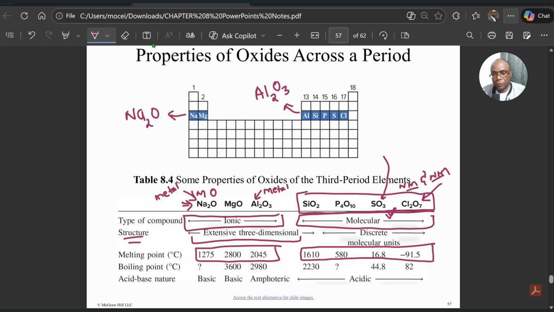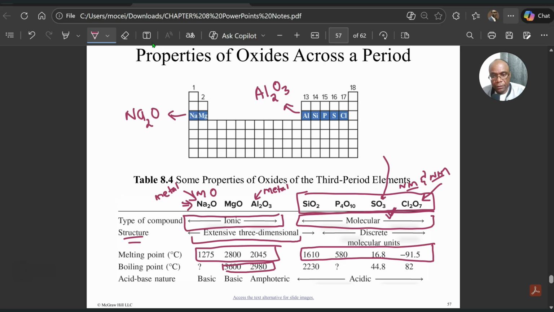You're comparing ionic bonds versus intermolecular forces. They have to be stronger. And then the same applies for boiling point. It's going to be higher for ionic compounds.